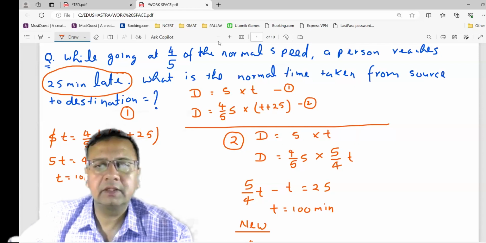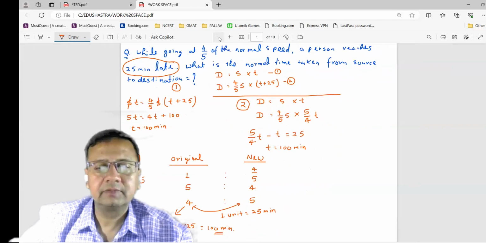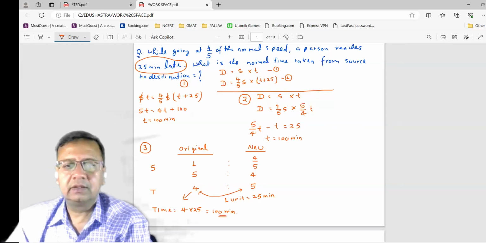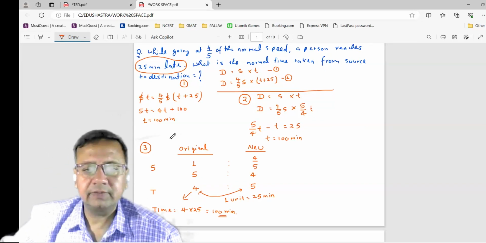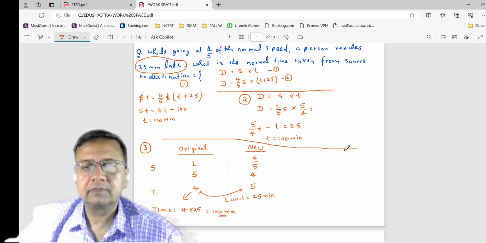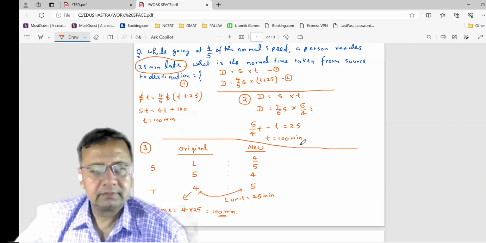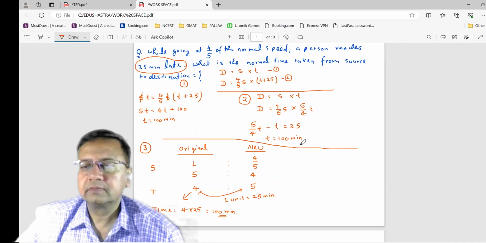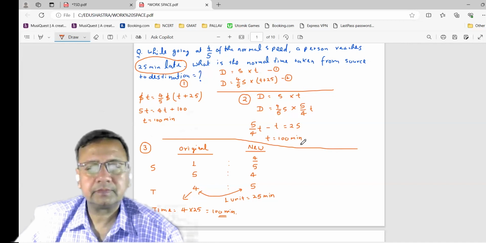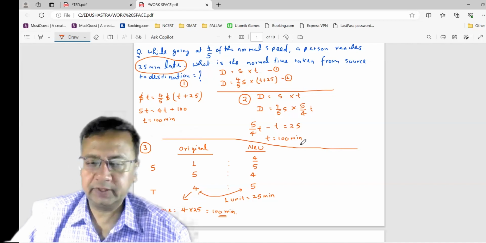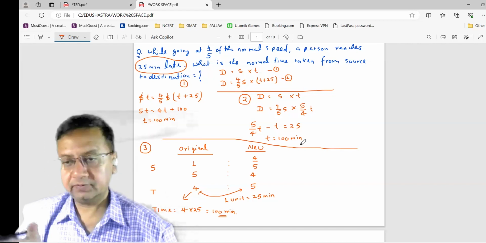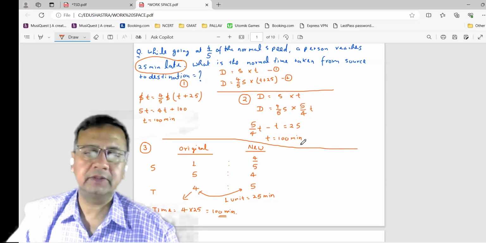I just make it a little smaller so the complete example is in one screen. Any question, any query, any doubt in this example with any one of the three different methods?